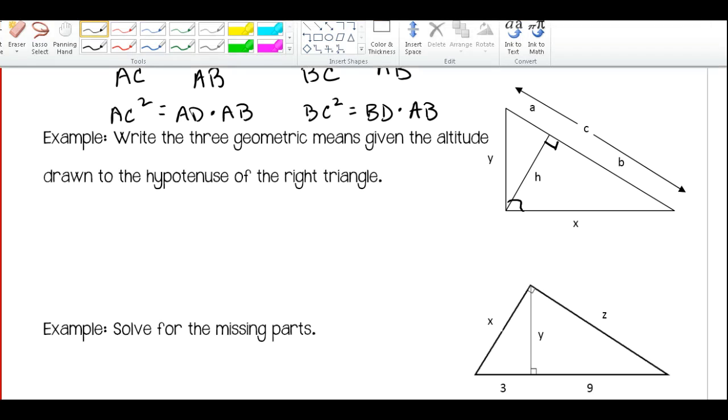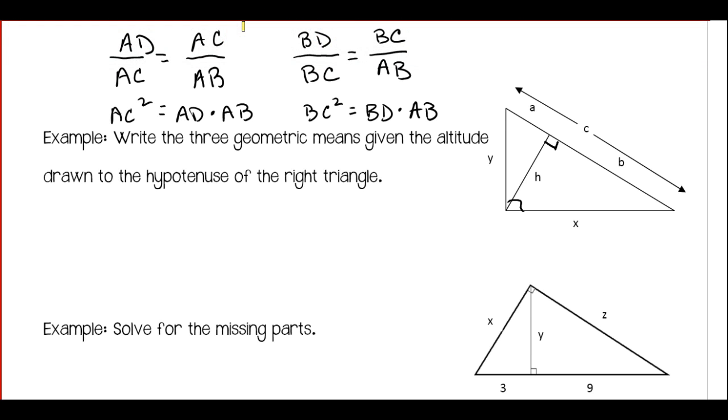So again, I like to recognize which parts of this are going to be the mean. So I know the 2 legs, so that's one leg, which I just have labeled Y to make it a little bit easier, and this leg, which I've labeled X, and then the altitude, which I've labeled H. Sometimes we'll use H for height. So I know that those 3 pieces are going to be the mean. So I like to start with that.